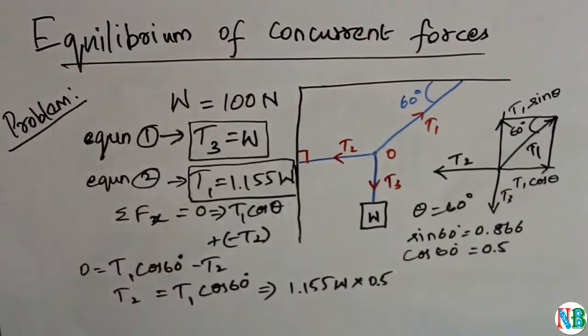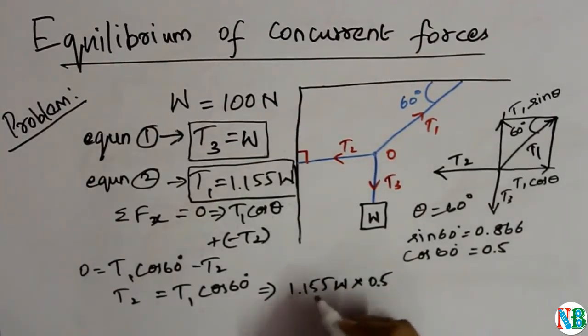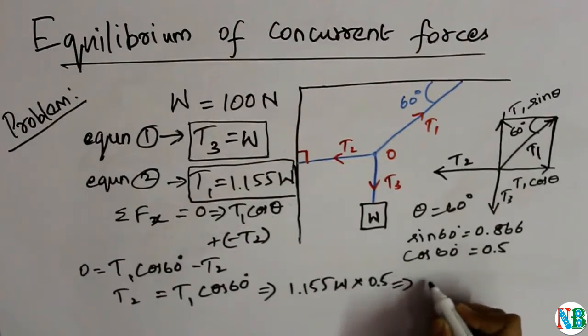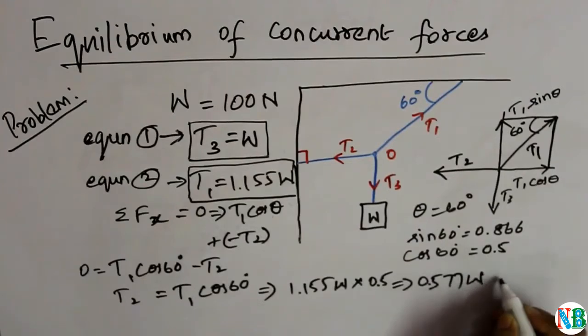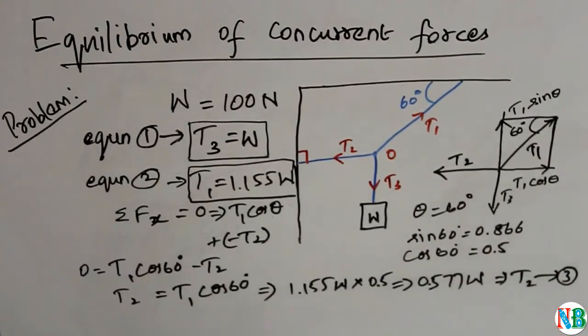So 0.5 into W into 1.155, we get 0.577 W, which is T2. This is equation number 3.